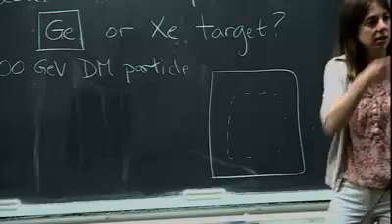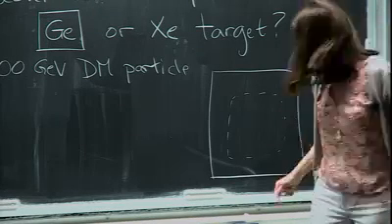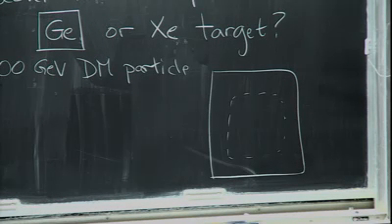If you look at the minimum scattering velocity, the dependence on the dark matter mass is coming from the reduced mass. So we can write this out explicitly.